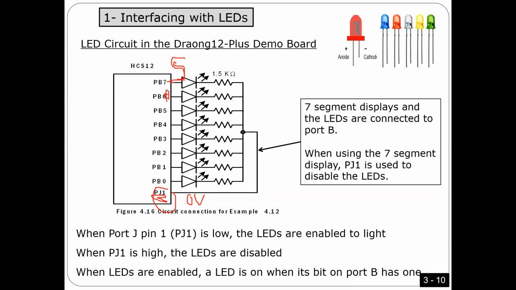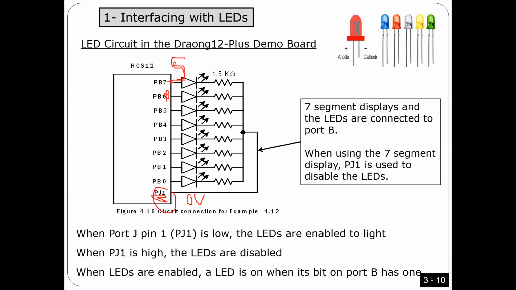To make it simple, this is port B. Port B should have a register. All what you have to do is the register. In this register, every bit is connected to one pin. If I put 0, you actually turn the LED off, right?